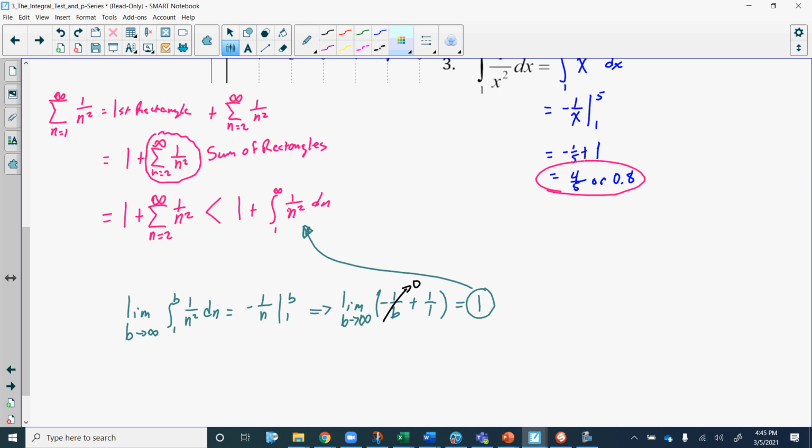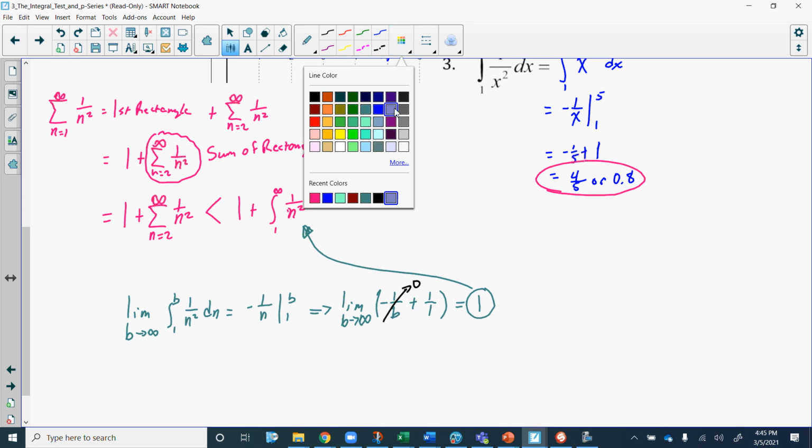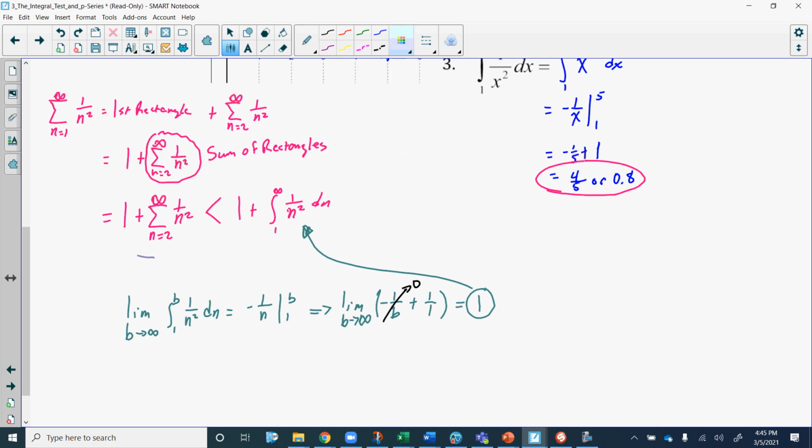That will allow us to show that the sum of the series, let me pick another color here, because we know the sum of the series is going to be 1 plus these other pieces, the sum of the series from 1 to infinity of 1 over n squared is going to be less than 2.